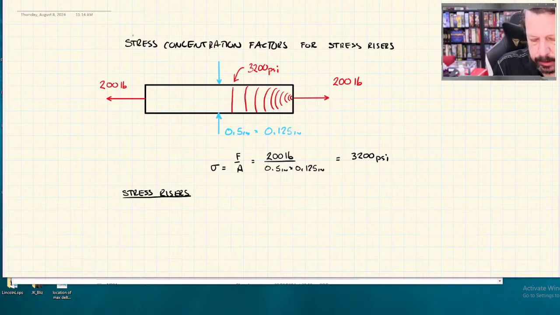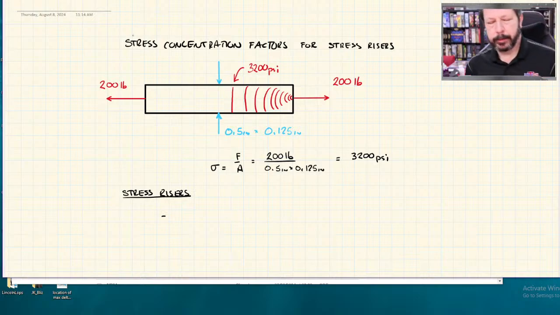The stress risers are pretty simple. In fact, I could generalize them to: a stress riser is anytime I have a change in geometry of the part. So it goes from big to little, or it's got a sharp corner, or something like that. That's going to be a stress riser.